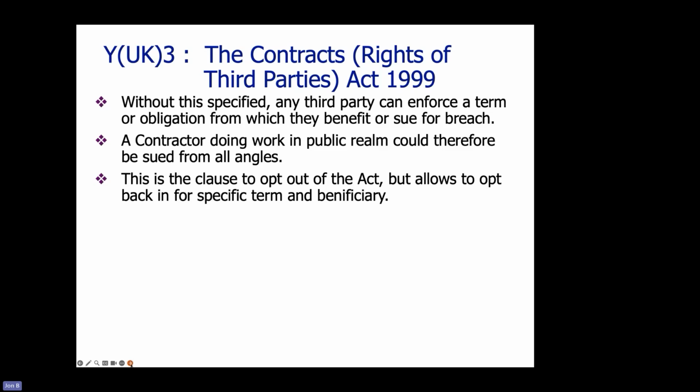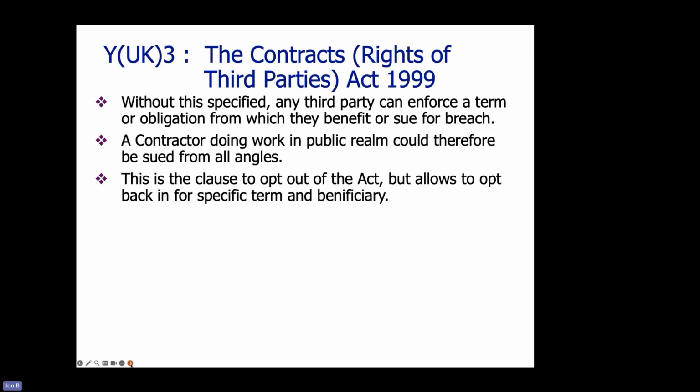Therefore, a contractor doing work in the public realm, so where there's lots of interactions with the public, access routes, reinstatements, etc., could be sued from all angles, even if they perform the contract and Joe Public thinks that they haven't performed.